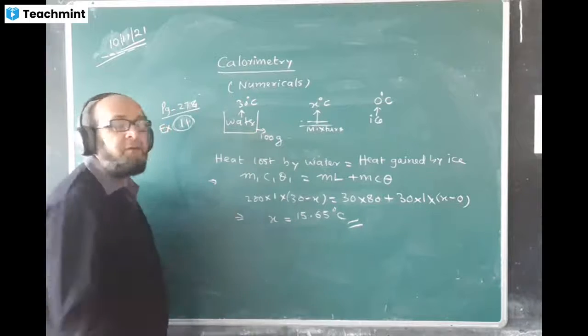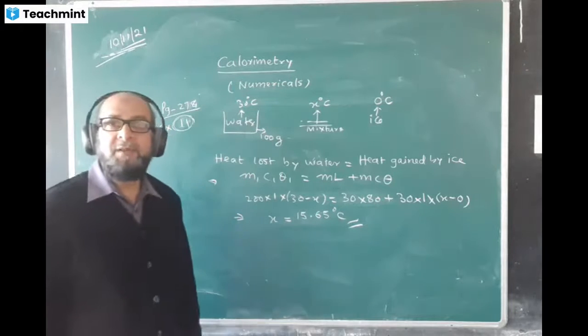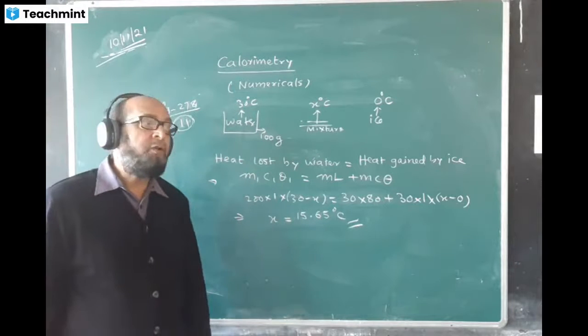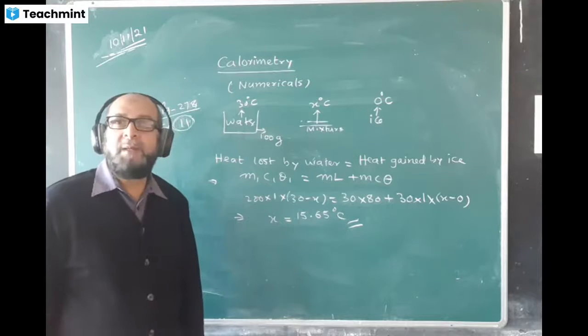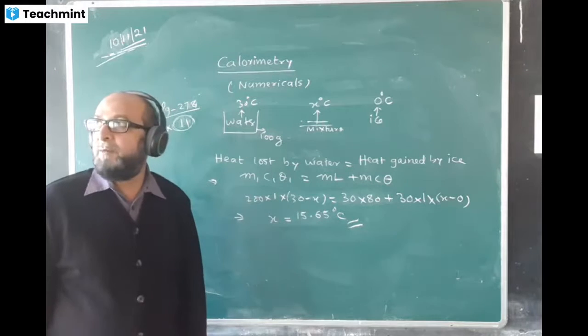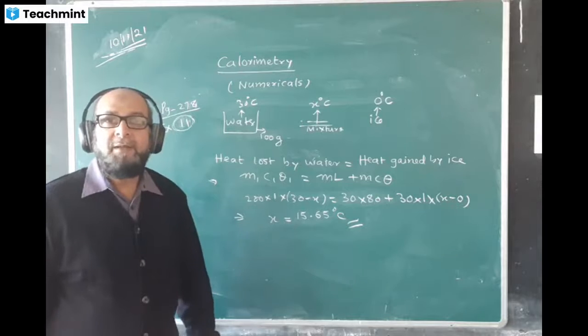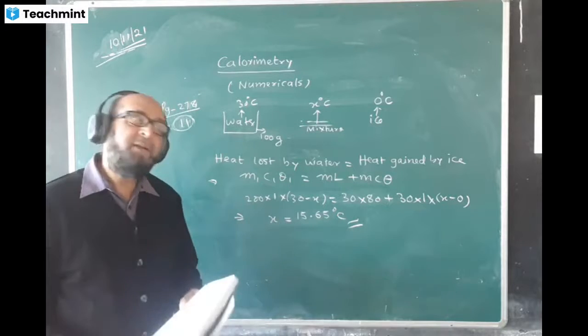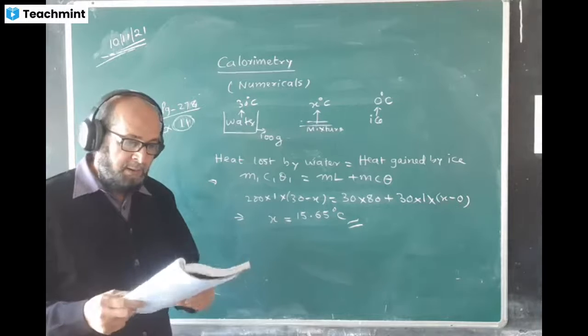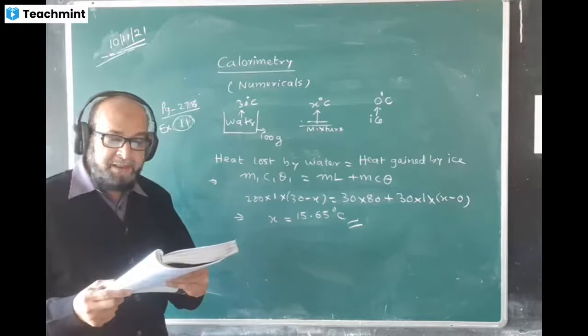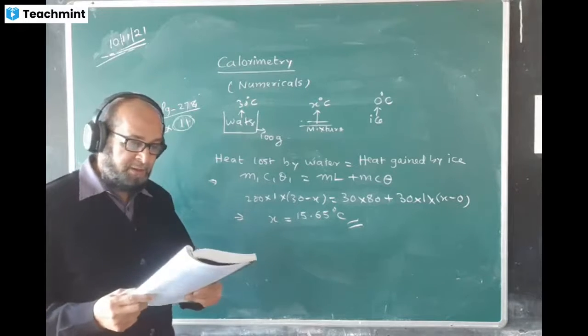This time the vessel will also play a role. If the question says neglect the heat absorbed by the bucket or neglect the heat lost by the vessel, then we will not consider it. But where the bucket is mentioned, we will consider that also. The question says how much ice is needed to cool it to 5 degrees Celsius.